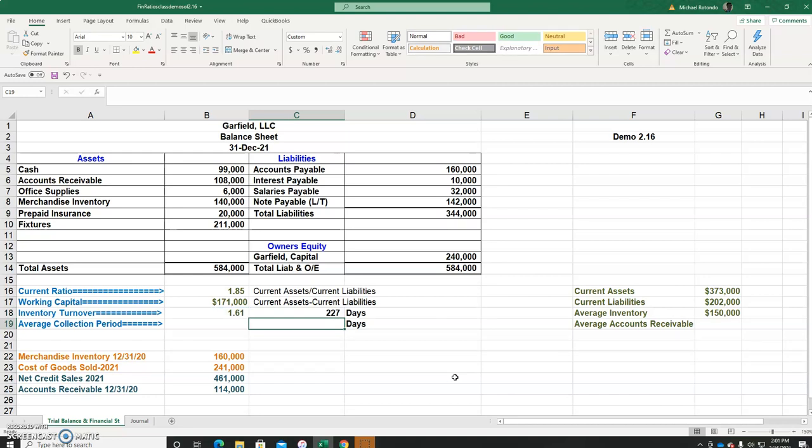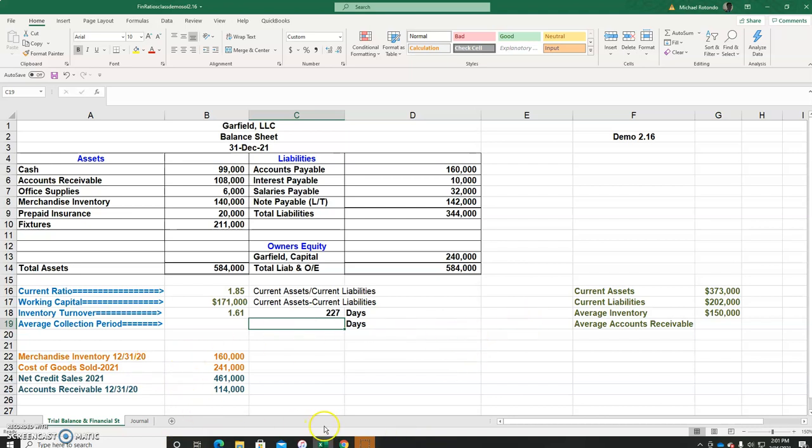So it's taking us 227 days to turn over our inventory. Again, we don't know if this is normal for this company or for the industry they're in. So we have to put numbers in context as well, just like the average collection period.